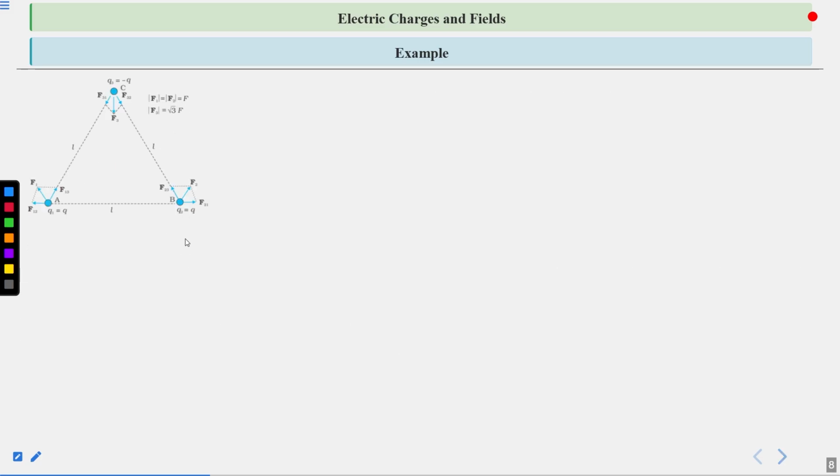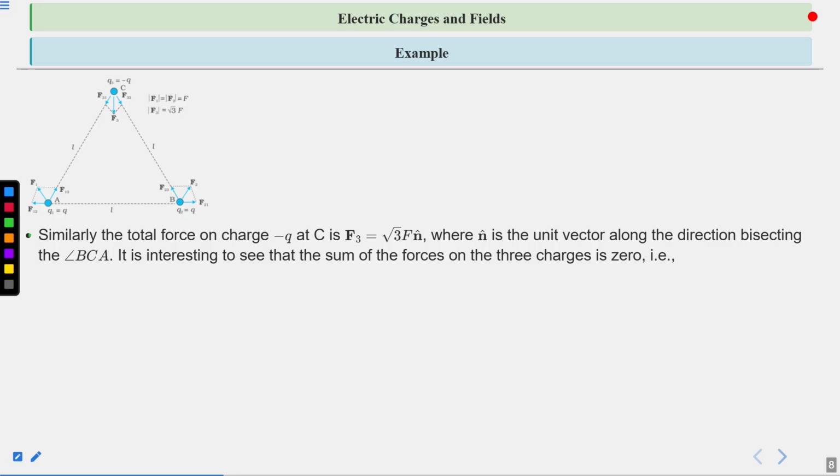Now, similarly, the total force on charge minus q, that is q3 at C, is F3 equal to root 3 F n cap, where n cap is the unit vector along the direction bisecting the angle BCA.